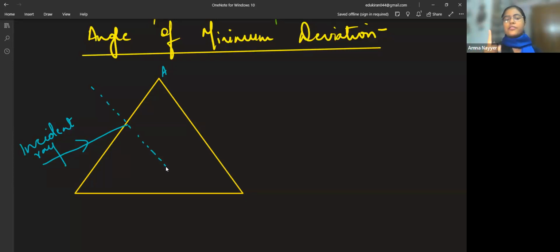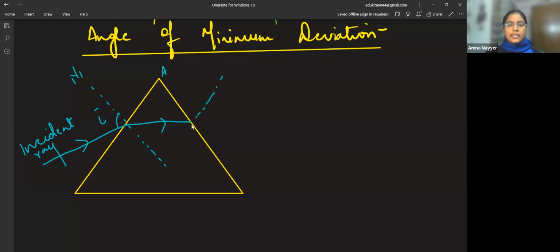First refraction will occur, because one medium was air, the other medium is glass. Once you change the medium, when the light rays move in, they will be refracted. This is the first normal. All right. So the incident ray and normal, this becomes the angle of incidence.